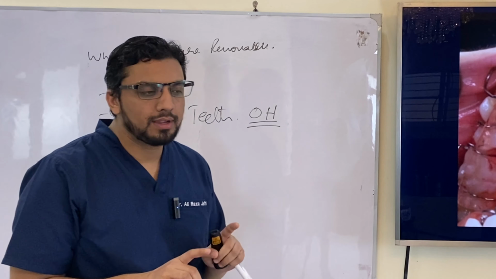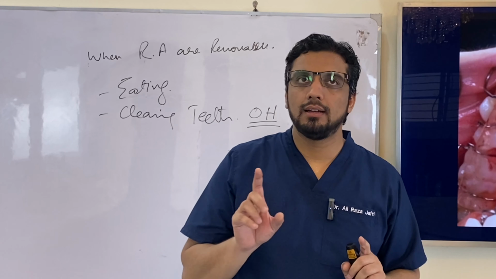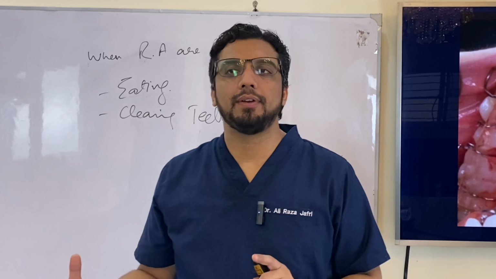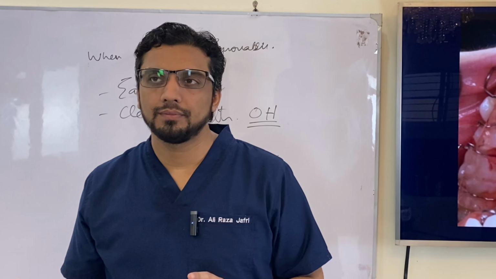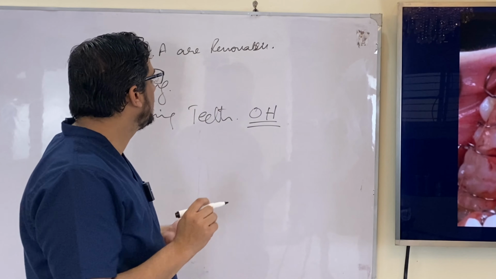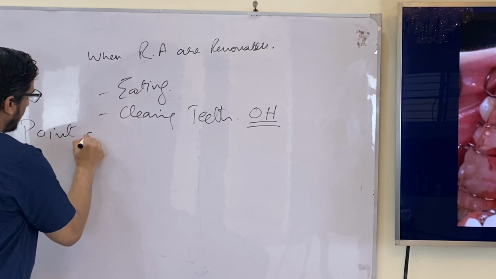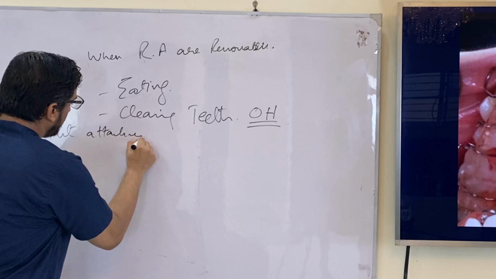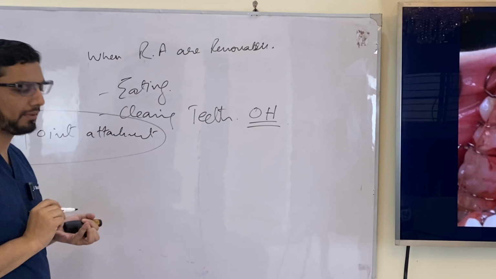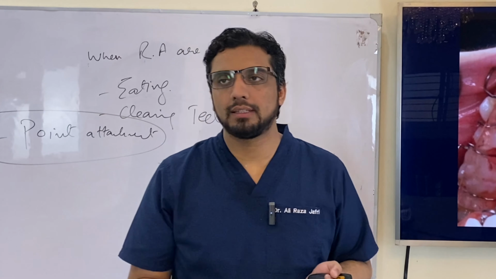So in the removable appliance, your attempt to achieve the couple movement or a 2-point attachment is really difficult. A 2-point attachment is really problematic in removable appliances, and this is a piece of cake for the fixed appliances.